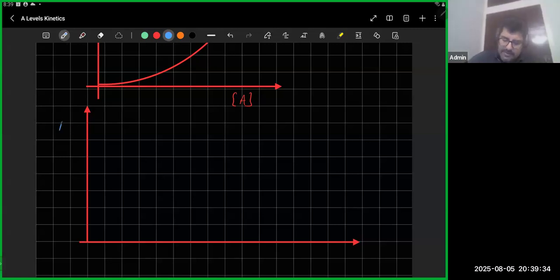Just if I plot A's concentration in an experiment with respect to time. So this is how you get the most. So this is A's initial concentration. And this is the time required for the concentration to decrease by half.